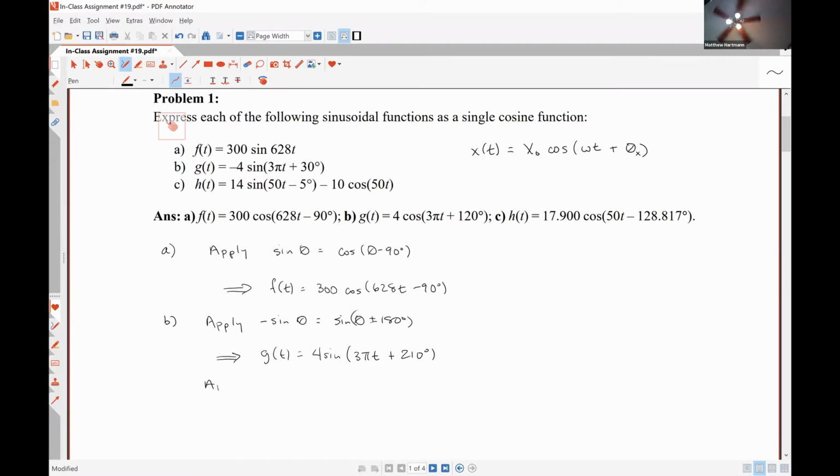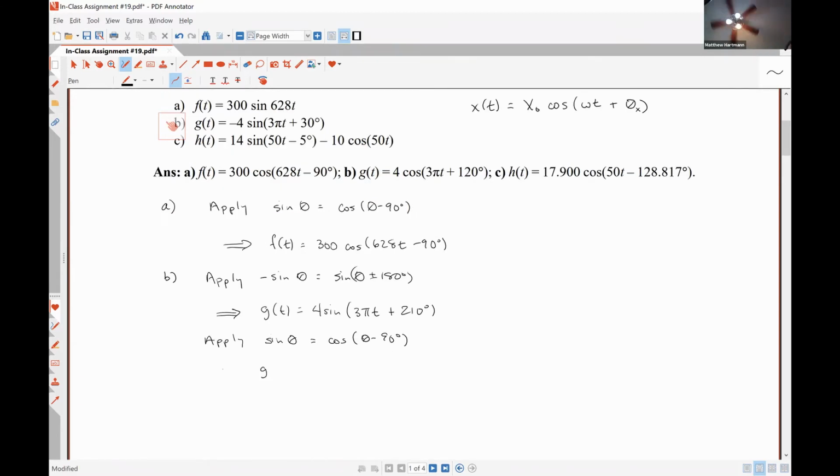And then we can apply that same trig identity from our first problem, sine theta is equal to cosine theta minus 90 degrees, which gives us g of t is equal to 4 cosine 3 pi t, 210 minus 90 is 120. And I think that's it, yeah.